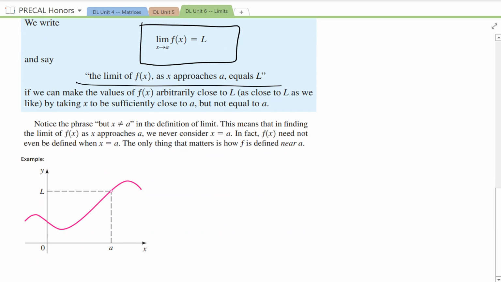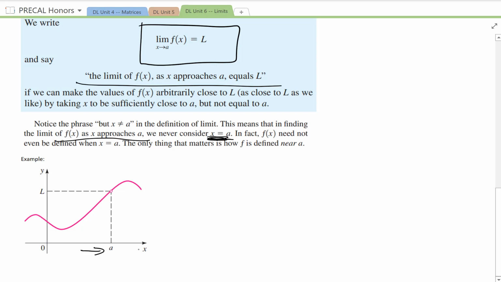Notice the phrase, but x is not equal to a, in the definition of limit. This means that in finding the limit of f of x as x approaches a, we never consider x equal to a. In fact, f of x need not even be defined, like I said.